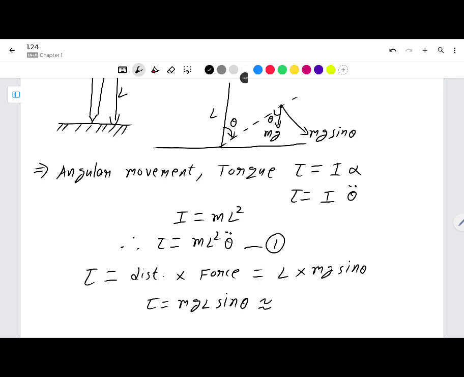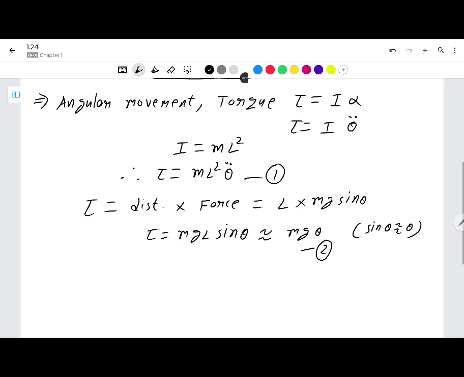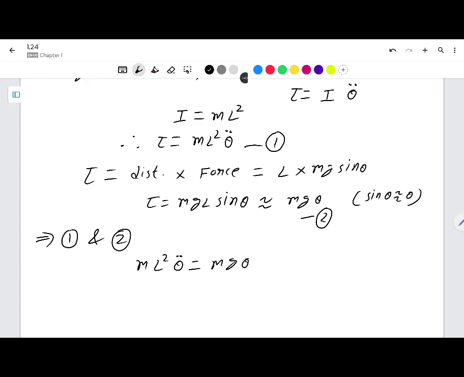Since we are taking a very small angular displacement here, I can approximate sine theta with theta, and it will be mgL theta. Right? Okay. So this is my equation 2. Both are torques and they must be equal. So using 1 and 2, you can write mL square theta double dot. Oh, sorry, there is an L here.